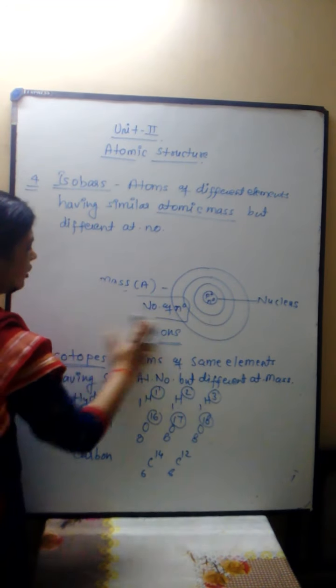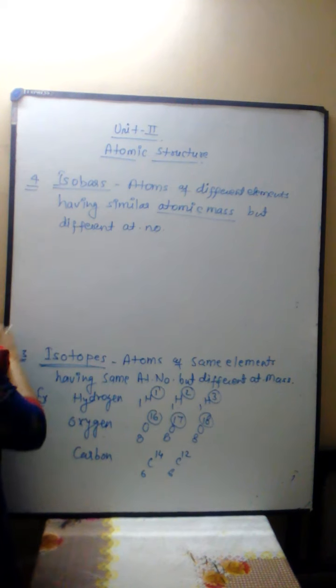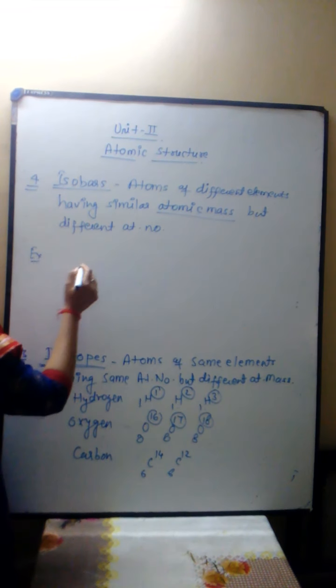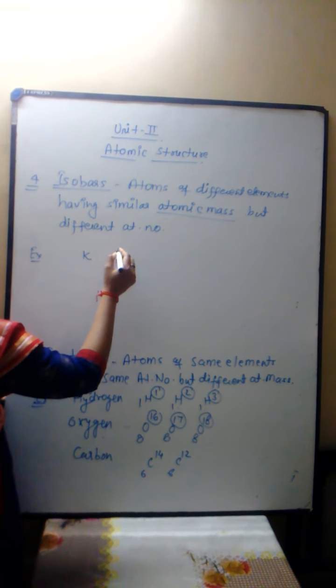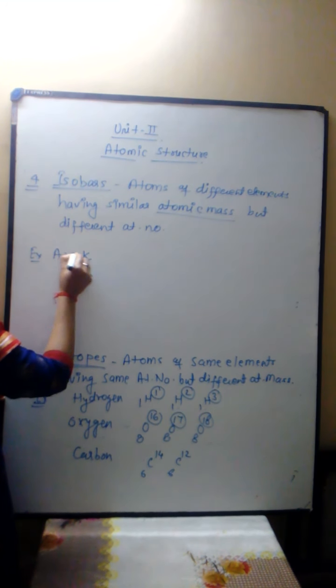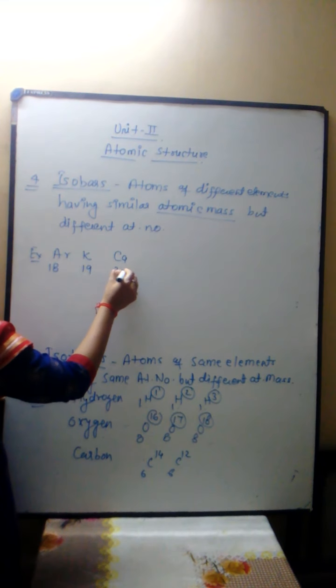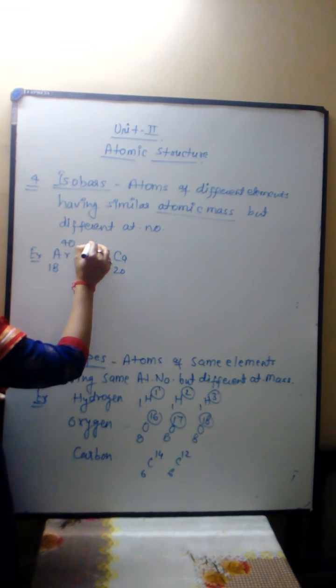Isobars have the same nucleus. For example, potassium, argon and calcium, with atomic numbers 19, 18 and 20, all having the mass 40, 40, 40.